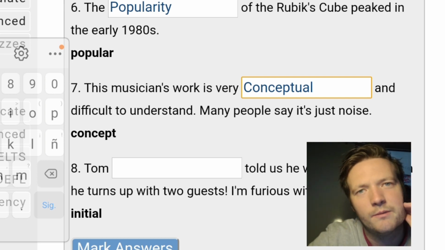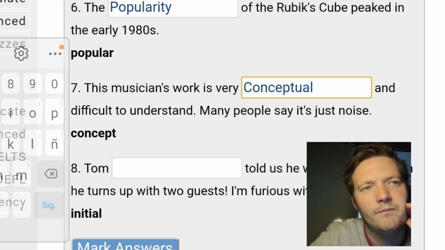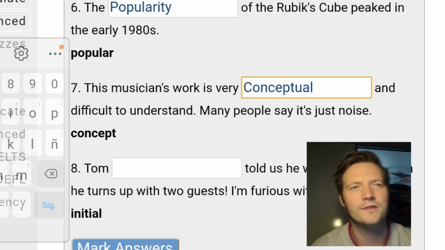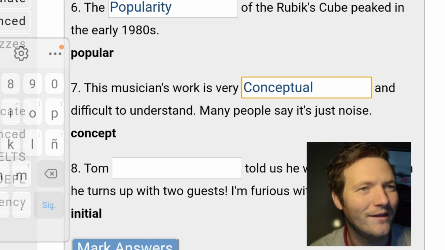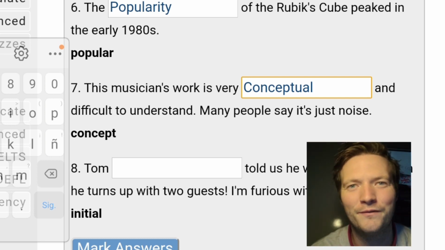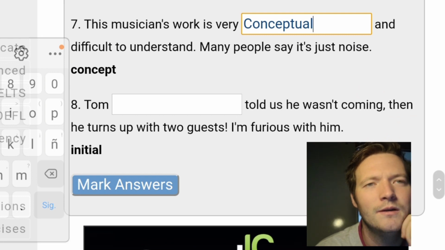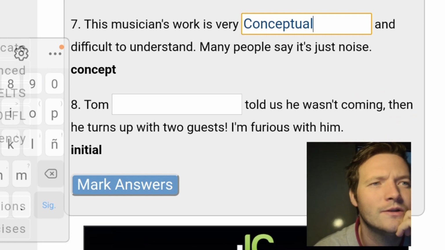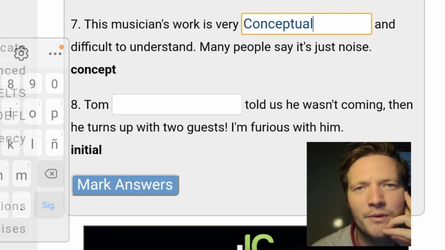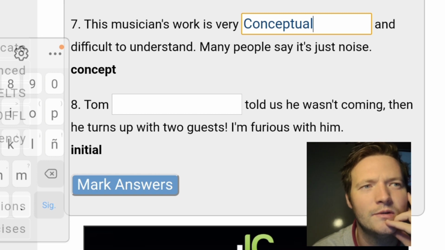I'm never sure what conceptual means. It just sounds like something artists say when you don't get what they've just made. It's conceptual. Something to do with a concept. Well, everything is to do with a concept, isn't it? It's kind of like when people say there are chemicals in our food, and it's like, okay, can you show me something that isn't a chemical on Earth?